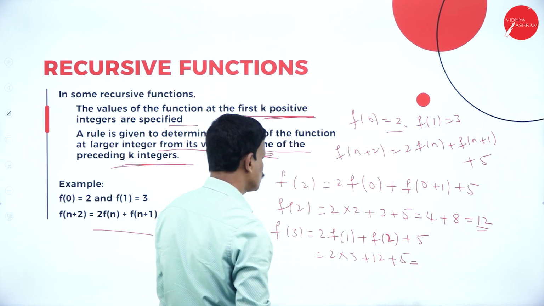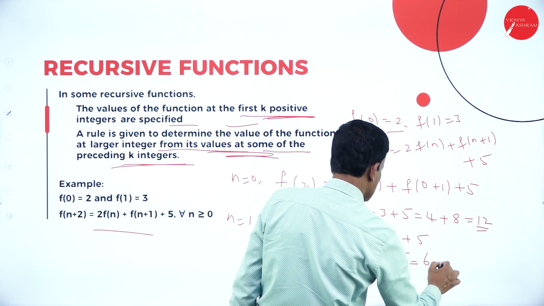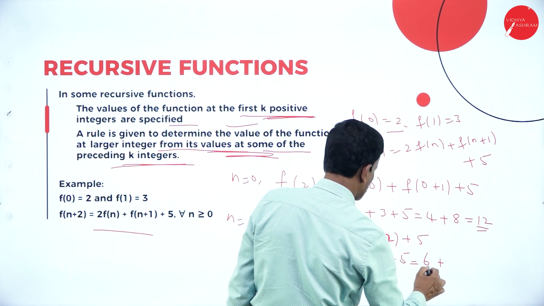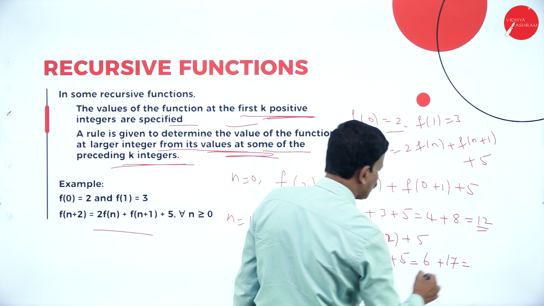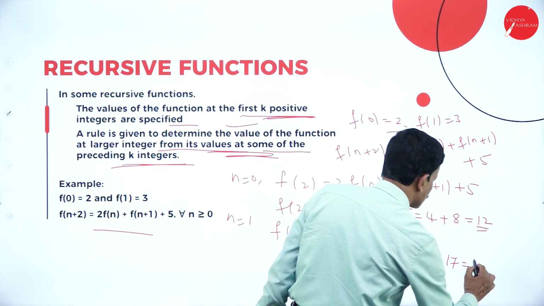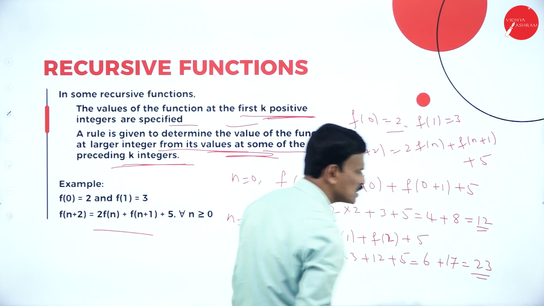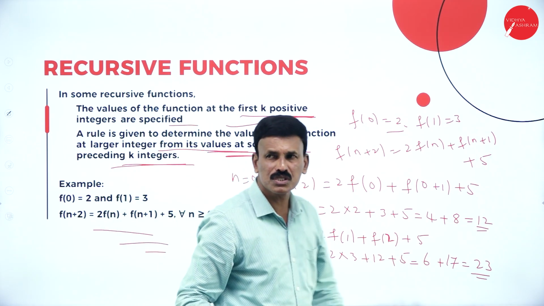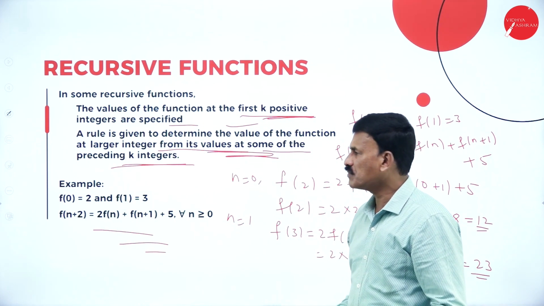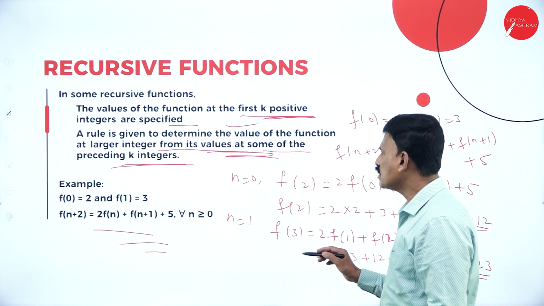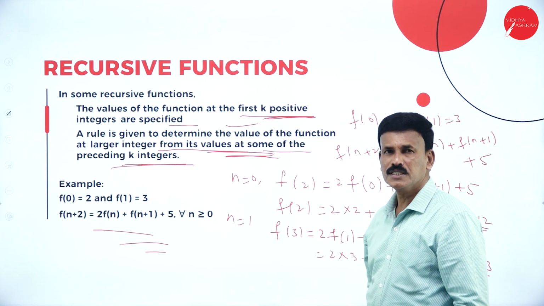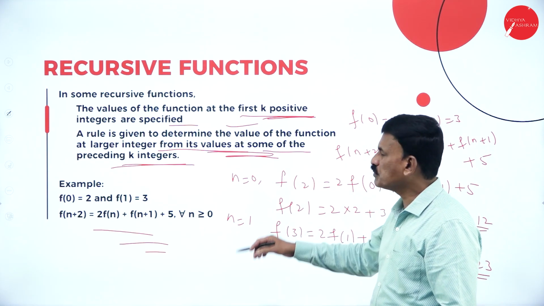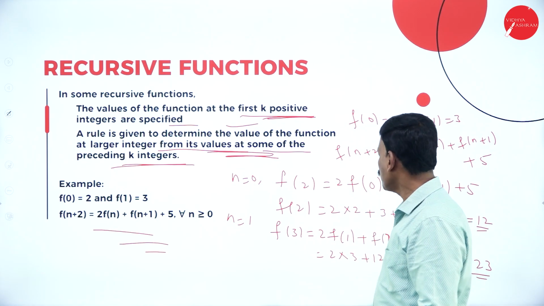So that is 2 threes are 6, 6 plus 12 plus 5. 12 plus 5 is 17, 17 plus 6 is equal to 23. So like this, we are going to get the values for the sequence f of n plus 2 is equal to 2 times f of n plus f of n plus 1 plus 5. That's it. Okay. Right. This is also an important problem for 5 marks.